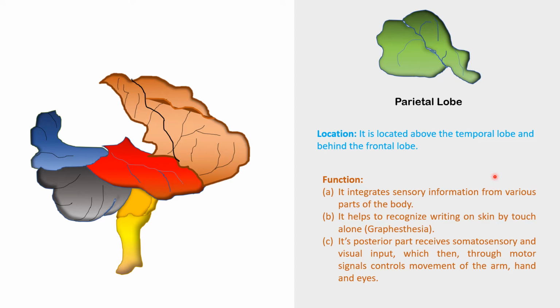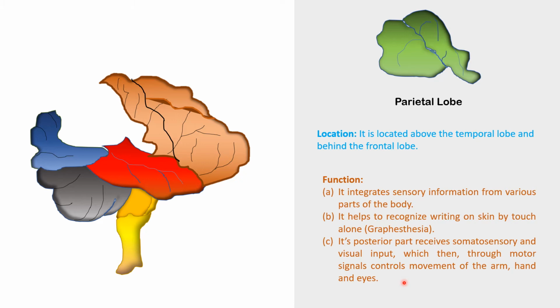It helps to recognize writing on the skin by touch alone, which is known as graphesthesia. So this is also a very important part. Its posterior part receives somatosensory and visual input, which then, through motor signals, controls the movement of the arm, hands and eyes. Likewise, say you want to pluck a flower from a tree.